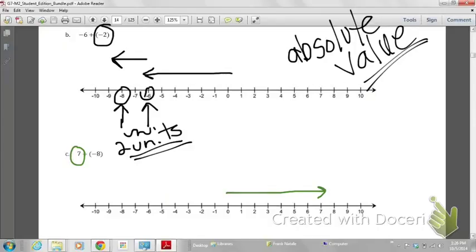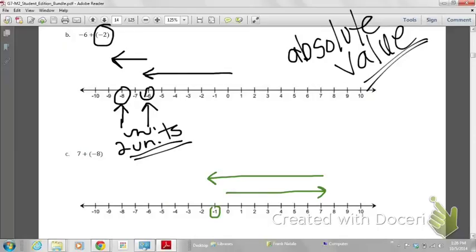And now we have a plus -8. Okay, so that negative is going to tell us we are going to move to the right. We'll go ahead and do that, but now we're going 8 units to the right, and that leaves us off right there at -1.